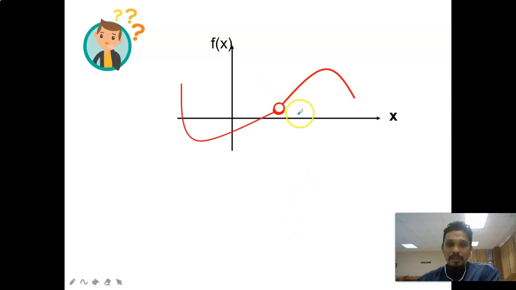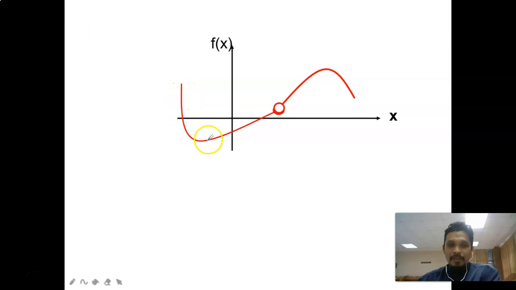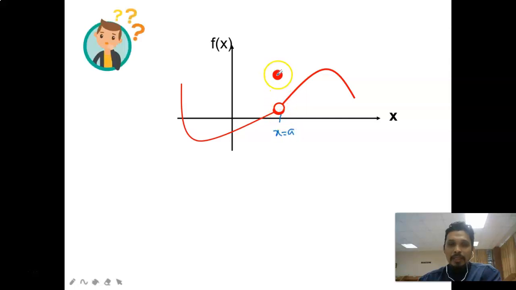And what about this one here now? So start here, everything is smooth until this point here. Then I need to lift the pen and start all over again here. And when x is exactly equal to a, then the value of f(x) is not equal to the limit when x approaches a from the left and right.